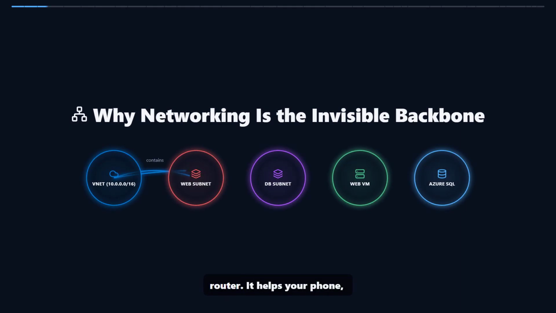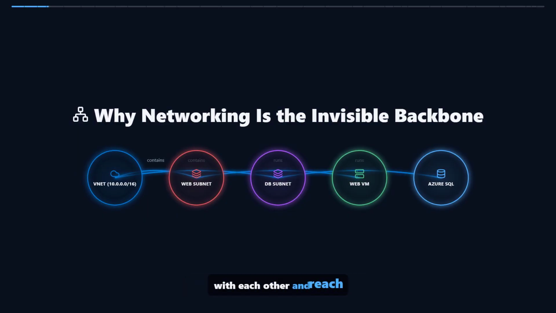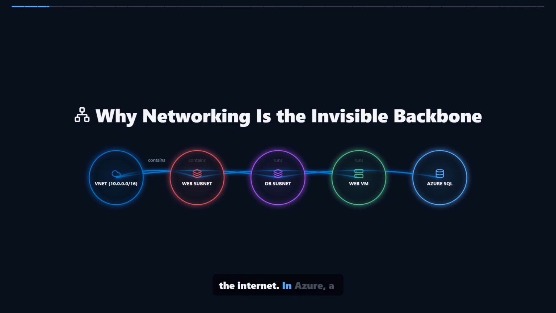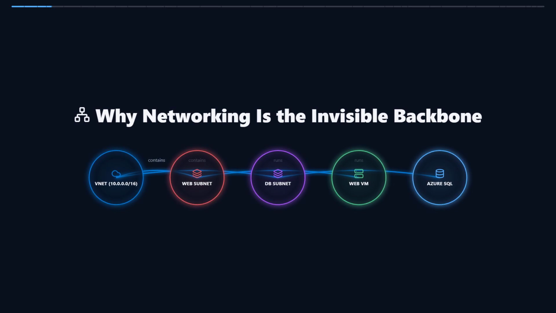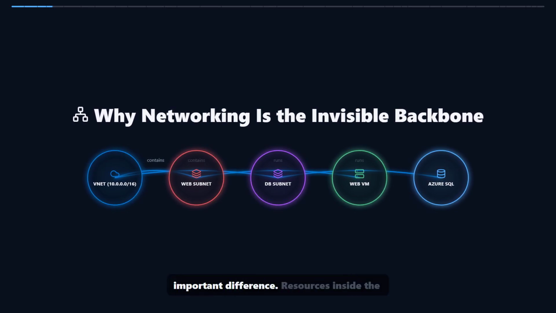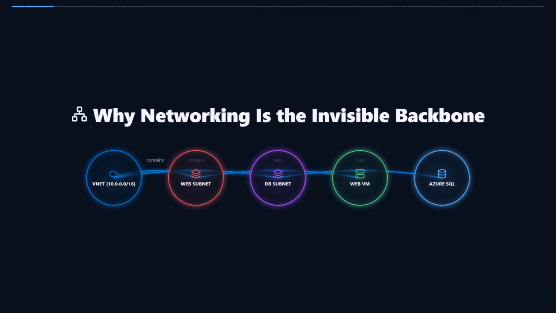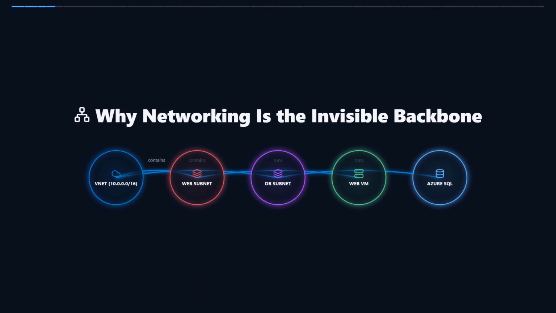Think of your home Wi-Fi router. It helps your phone, laptop, and smart TV communicate with each other and reach the internet. In Azure, a virtual network, or VNet, creates a private network space for your cloud resources. But there is an important difference. Resources inside the same VNet can often communicate by default, even when they are placed in different subnets.